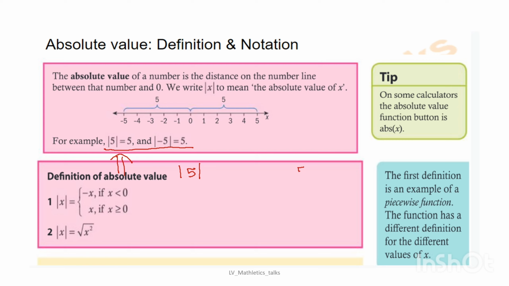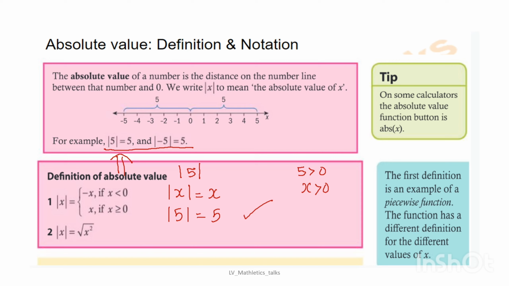Then what will be the definition here when x is greater than or equal to 0? Absolute value of x is x itself. So this is the function definition I'm going to use. So what will be absolute value of 5? It will be 5 itself.